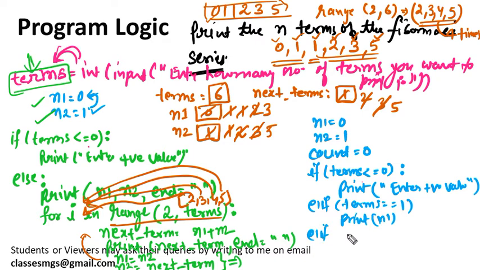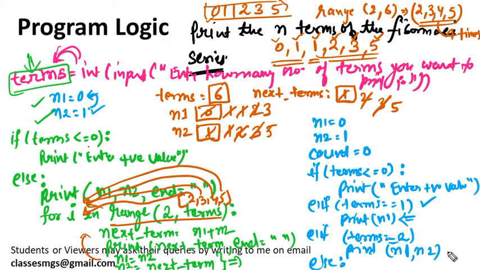And if terms value equals 2, in that case you simply print n1 and n2. The first 2 terms of the Fibonacci series are fixed, so you need not worry about it, because you can directly print n1, n2.